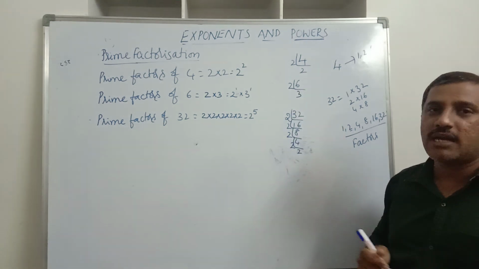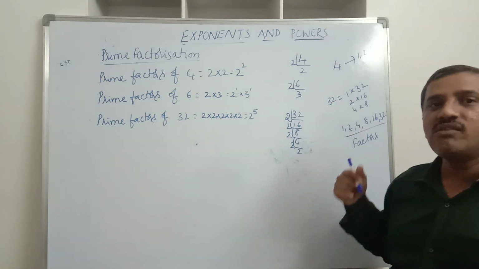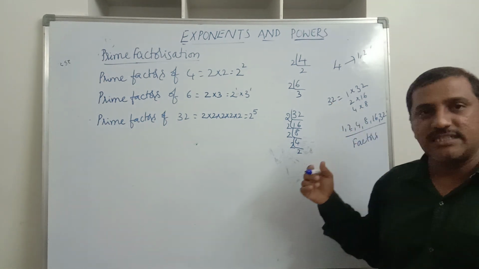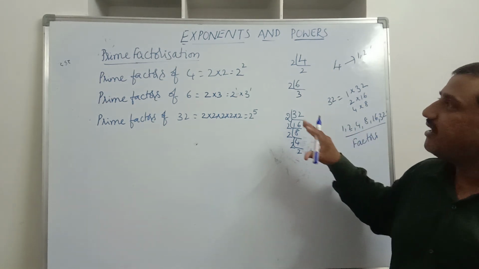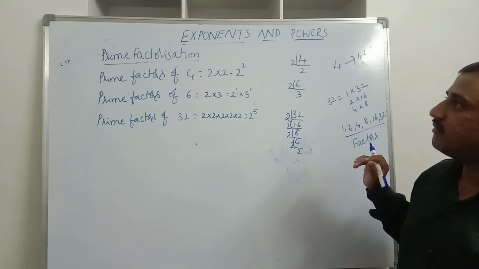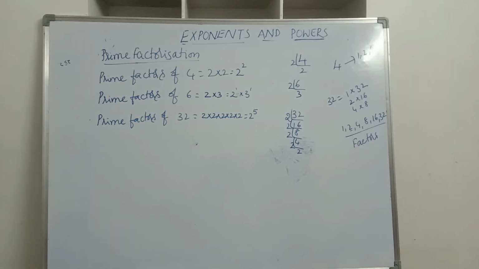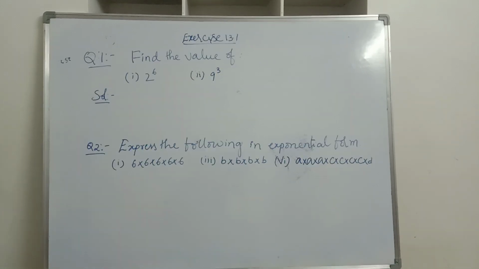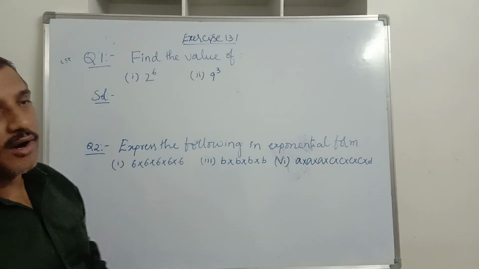Using those prime numbers we will find the prime factors of the given numbers and express those numbers in the exponential form. This is about prime factorization. We will discuss this concept by solving some of the problems from the textbook. Now we'll see exercise number 13.1.